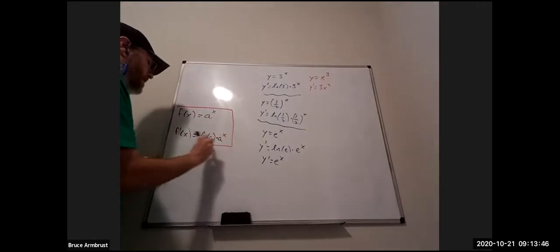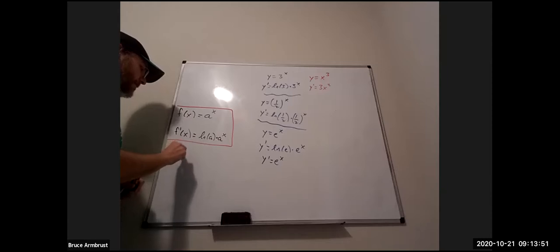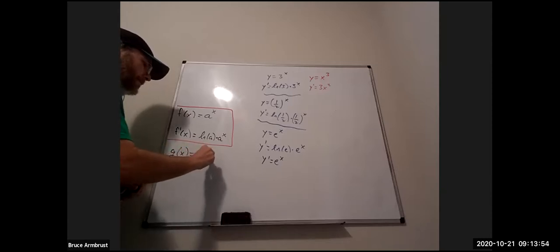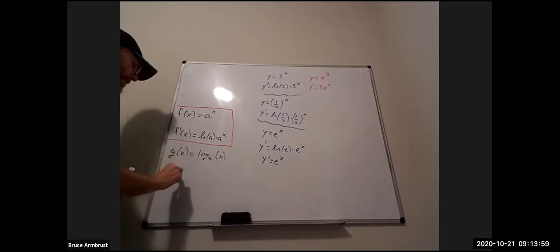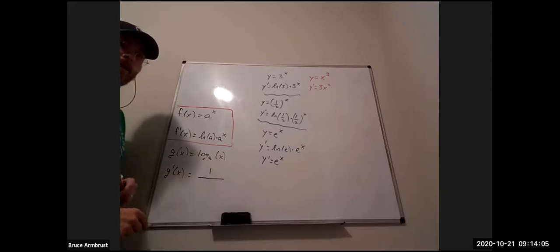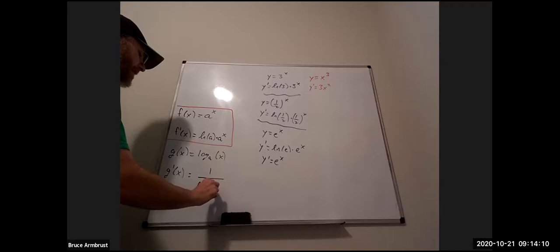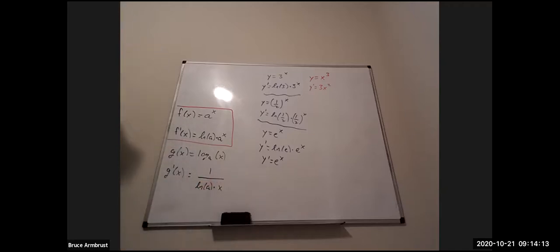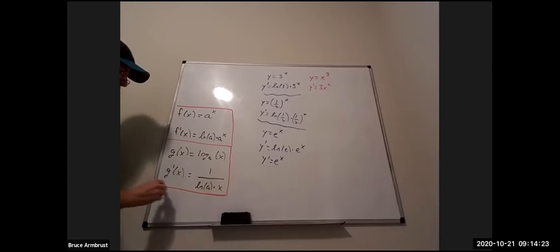And so if we have another function that's log base a of x, then its derivative is a fraction, and it's 1 over natural log of a times x. So that's the derivative for logs.